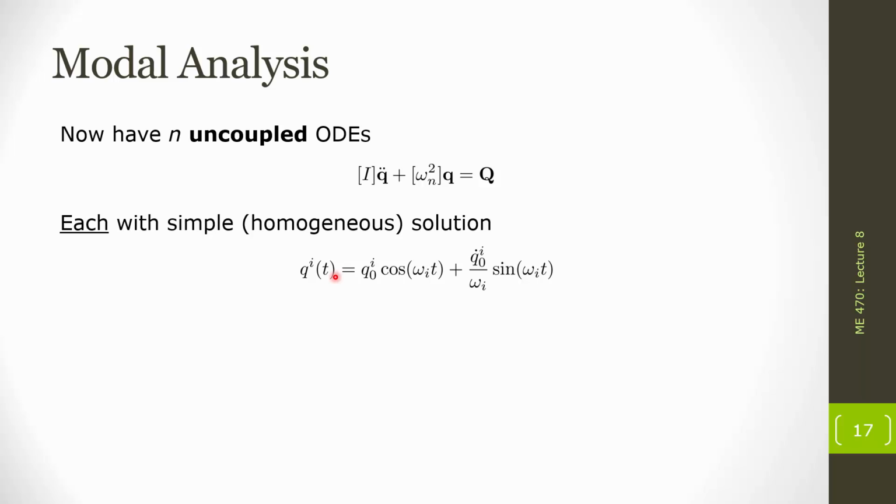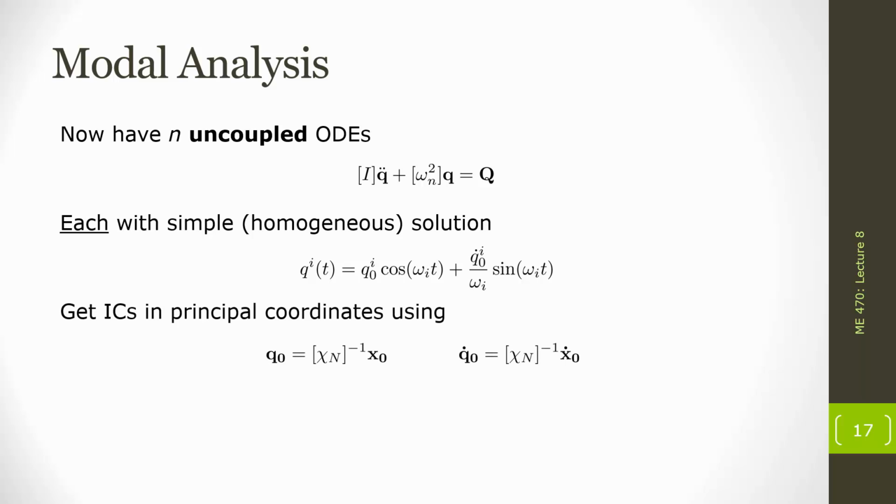We need, though, to get these initial conditions in terms of this new coordinate system, the q coordinate system. Luckily we already know how to go from our original coordinate system into q, because we can use that mass-normalized modal matrix to get there.